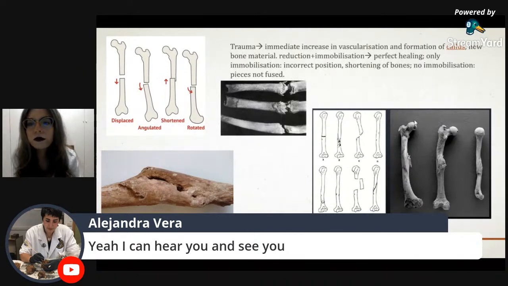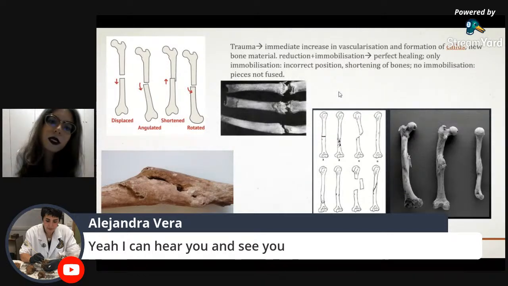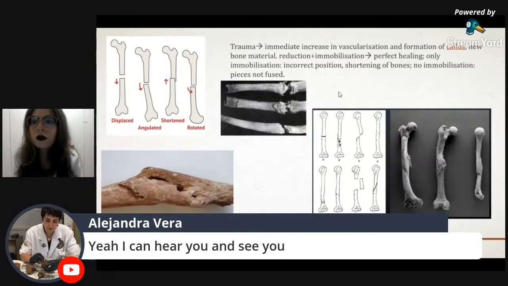Sometimes we have found many remains that show no sign of immobilization. Let's see the rib cage, the ribs, because the deceased felt a lot of pain, but they didn't know they had to keep very stable and not make any big movement.